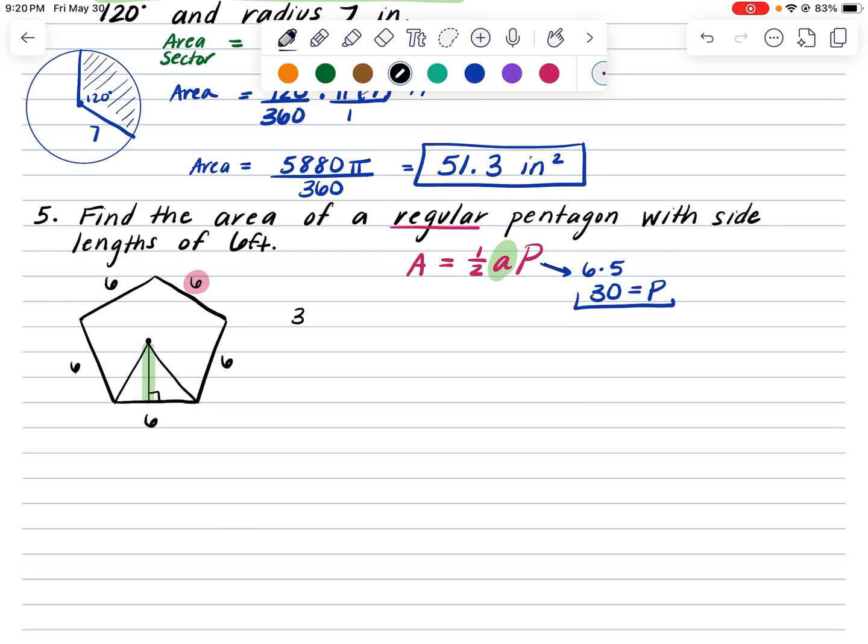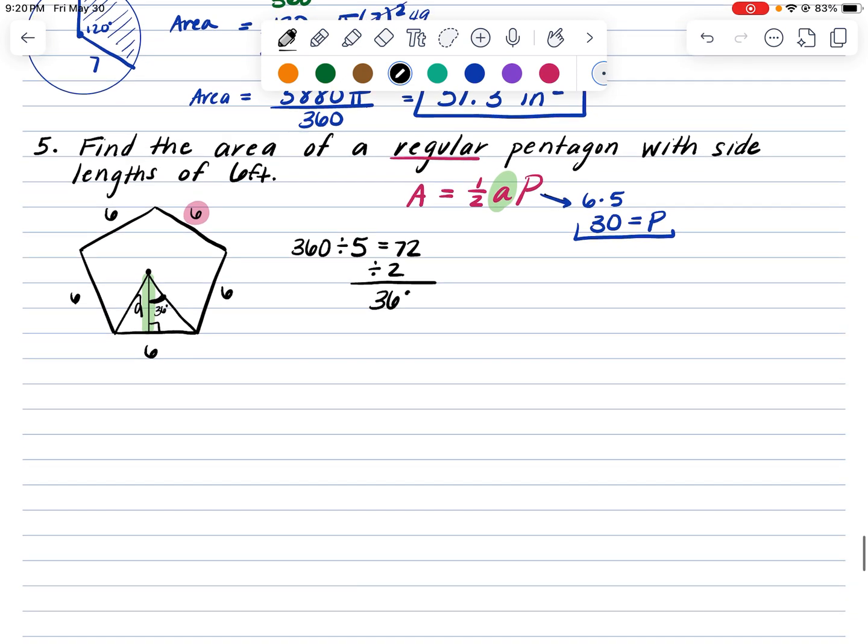And we always start by going 360 degrees divided by the number of sides. So 360 divided by 5 is 72. And I need to cut that in half to get this little piece of the angle right there. So 72 divided by 2 is 36 degrees. So this angle is 36, and my apothem is right there.